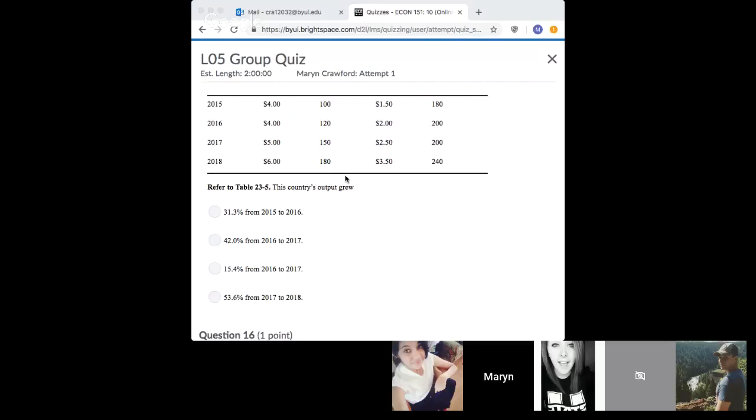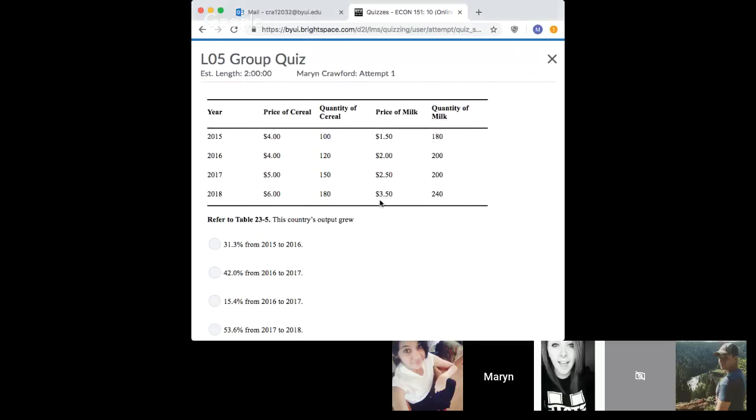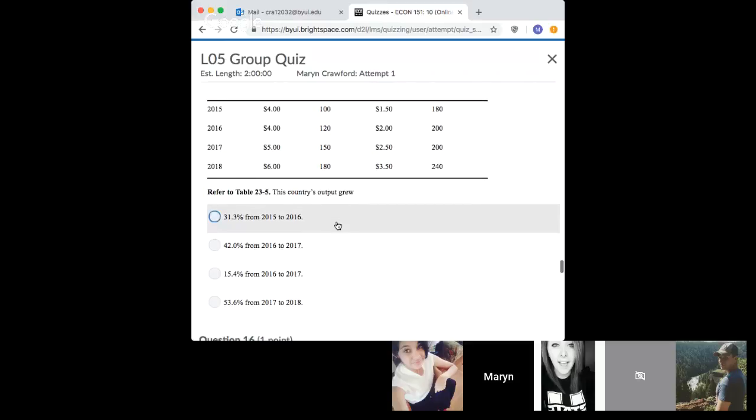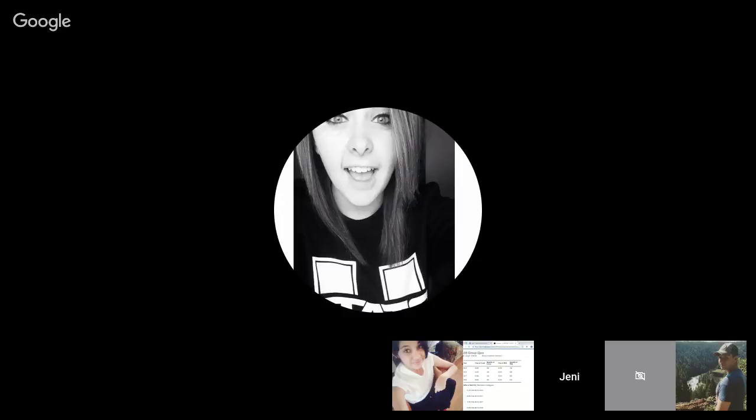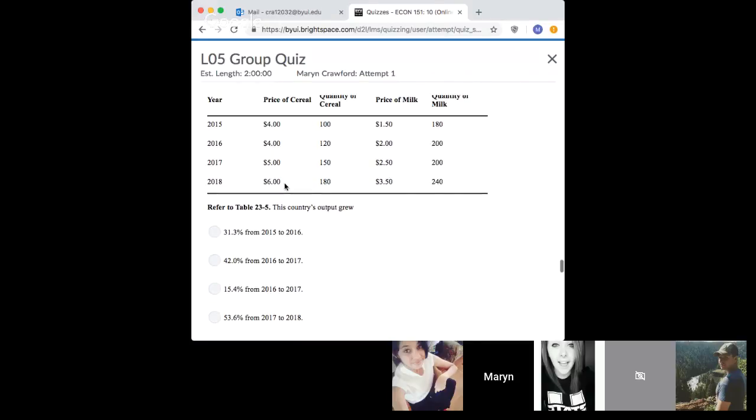Okay, so I wasn't doing anything with the prices since it's just talking about the production, right? Yeah. So I don't think the prices matter at all in this question. So I was just adding 180 plus 240.